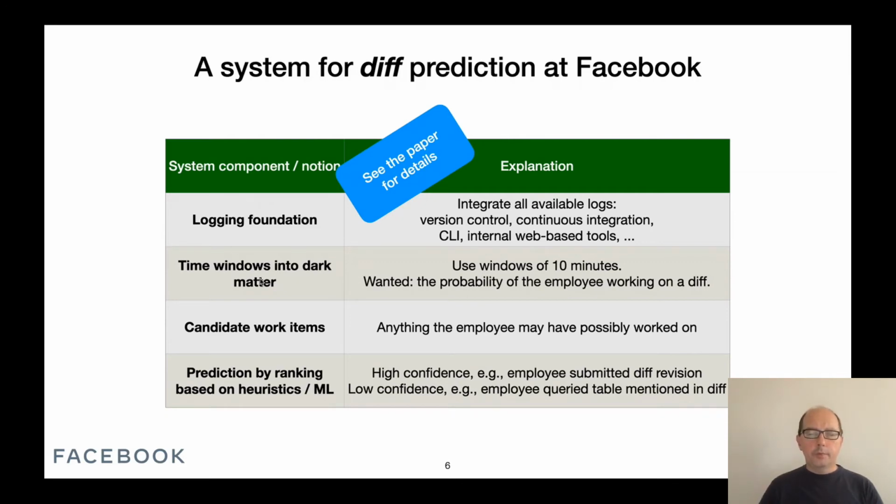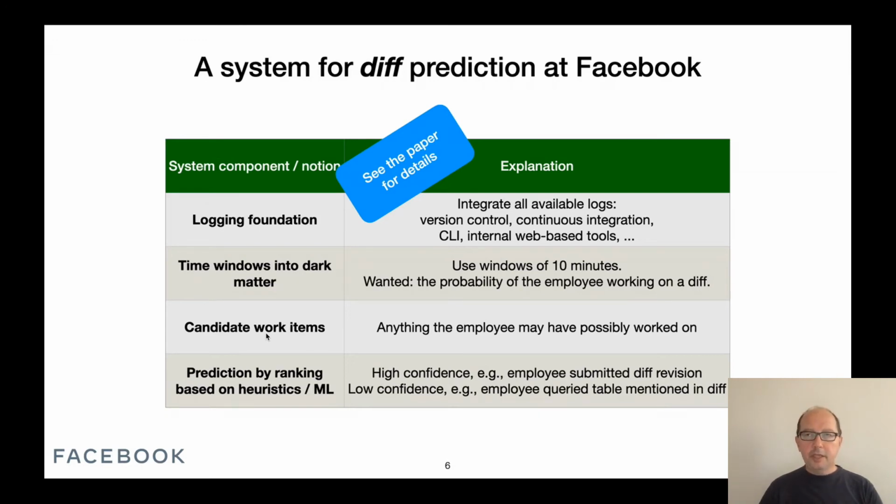Then we use the assumption that we operate on time windows of a developer. So we pick, let's say, 10 minutes as the granularity for which we want to predict the probability of an employee to work on a specific diff. Then what we have to do is figure out what work items the person could possibly work on.